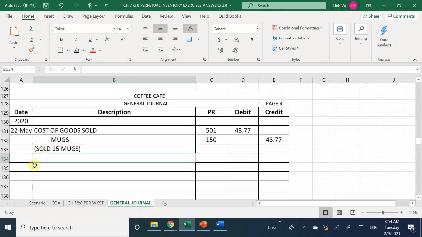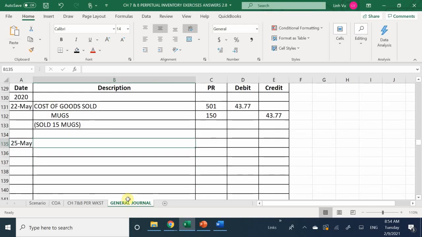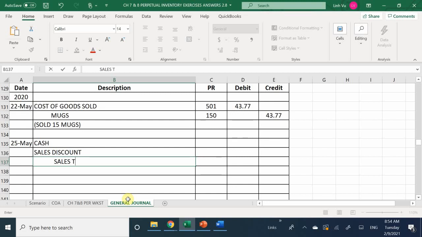All right, so we have a sales discount. So what are we going to be recognizing in our journal? We're going to recognize sales discounts. Okay, I'm going to go ahead and put cash first because that's what we received. We are going to be doing a sales discount. What else are we also including? Sales tax. We got to do sales tax, but it's still going to be on the credit side because we didn't charge it and then we have to revoke it.